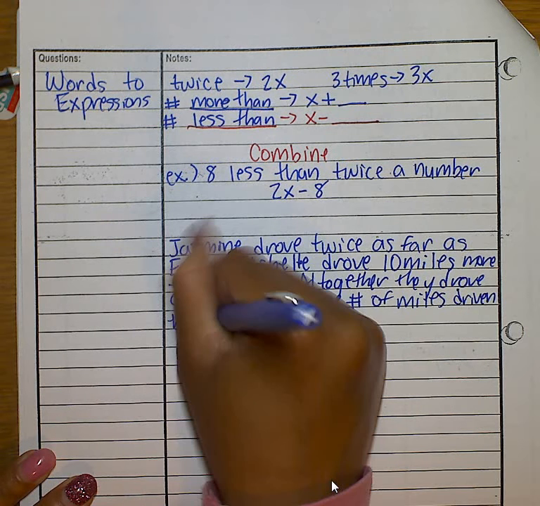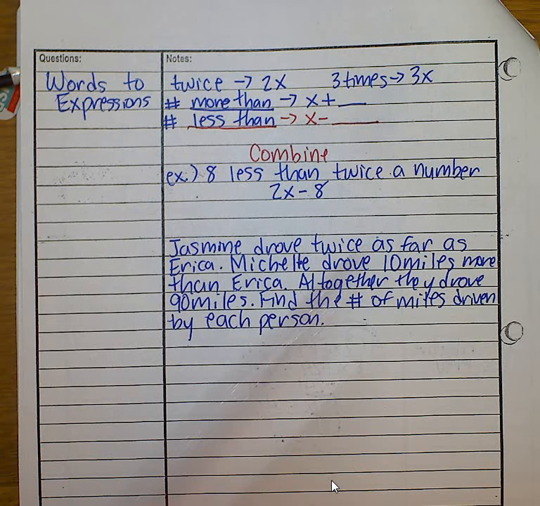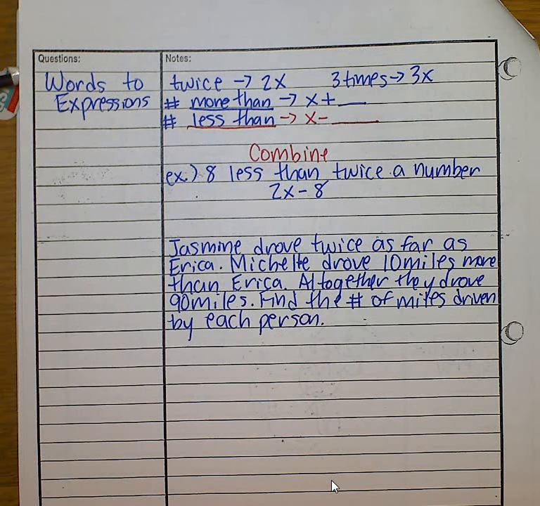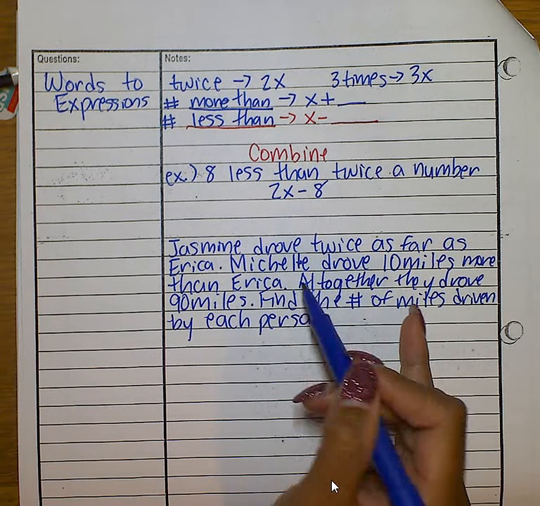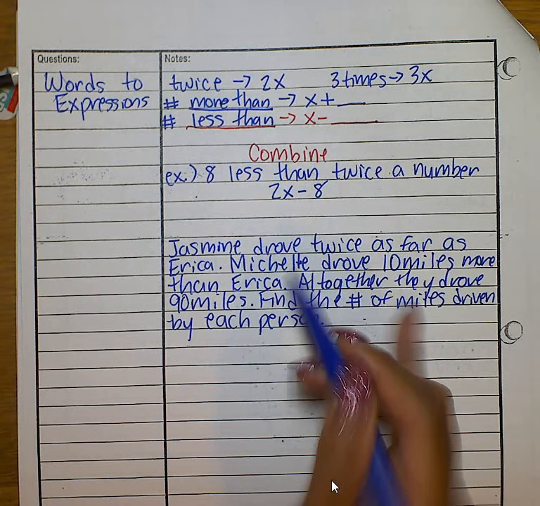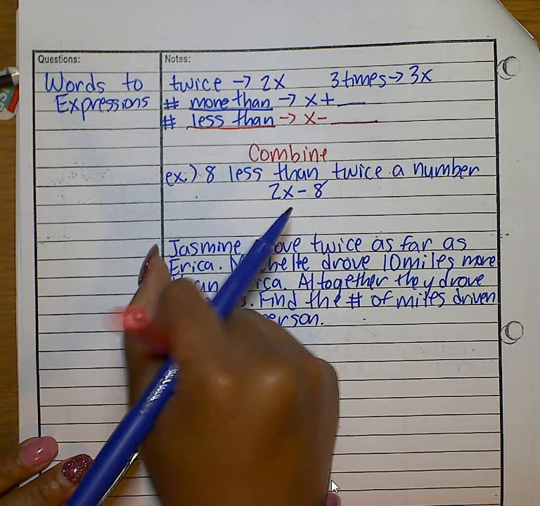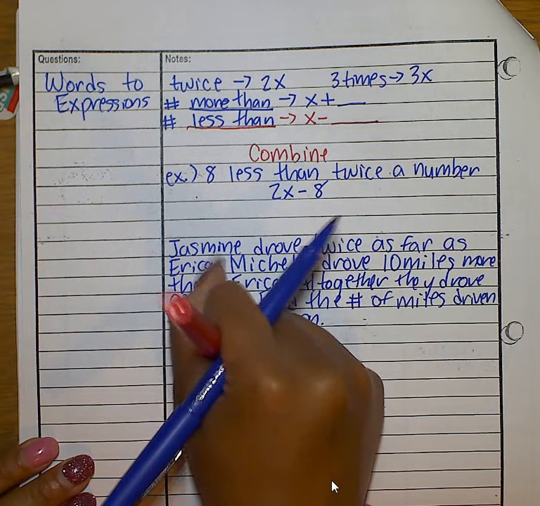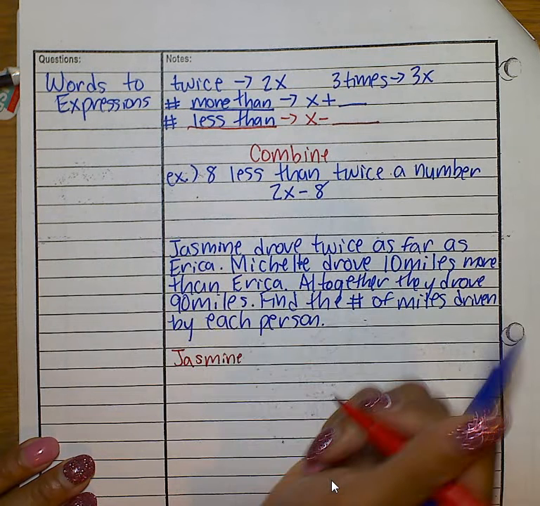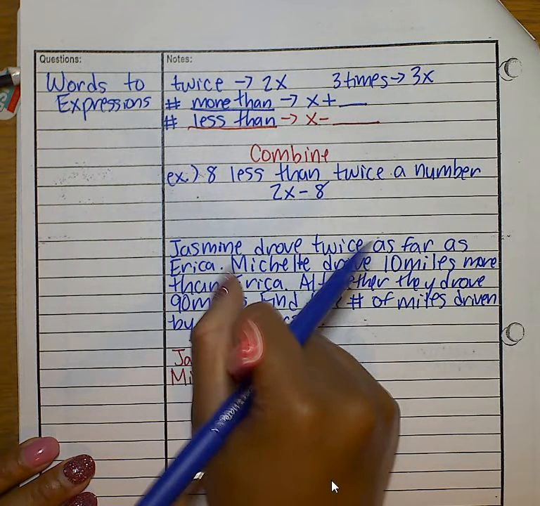Sorry that this is a long problem for you to write, but you can pause the video at any time in order to write it. So we need to break this down into the 3 different people. This story is about Jasmine, Erica, and Michelle. The first step that I usually do to break down a problem is I just write down the people: Jasmine, Michelle, and Erica.